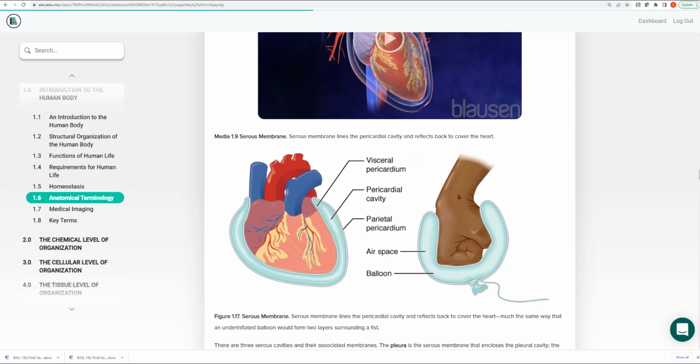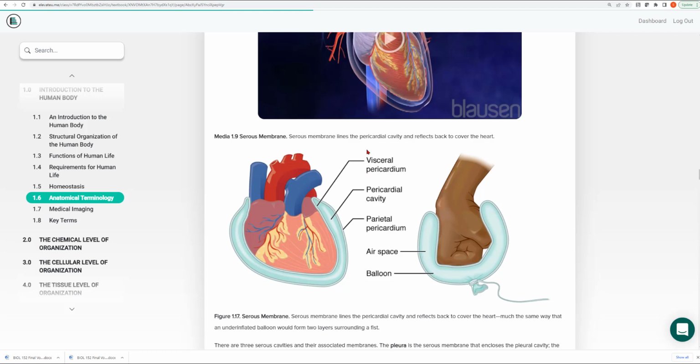Imagine you're taking your fist and punching it into a balloon. As you push your fist into the balloon, you make this huge indentation, and now there are 2 layers, if you will, of that balloon, right? There's a layer that's right up against your fist. That is called the visceral layer.